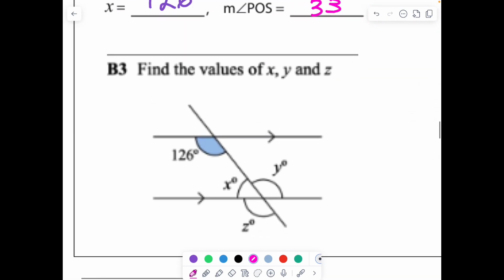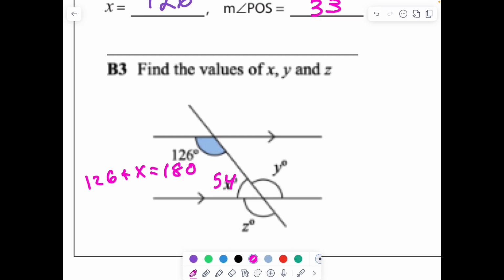And then over here, we've got a lot going on, but same side interior angles are supplementary. So 126 plus x should be 180. So that means x is 54. Another straight line, so 54.